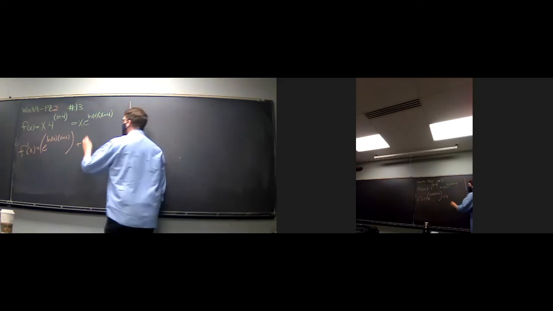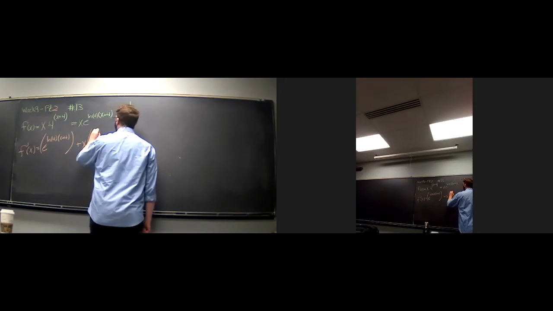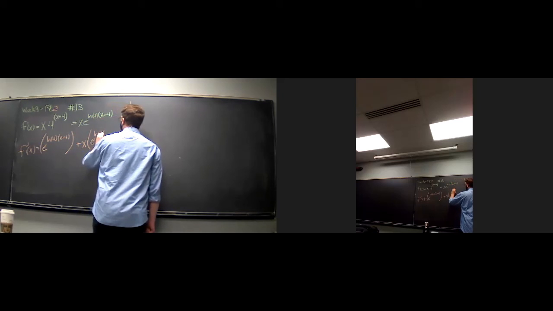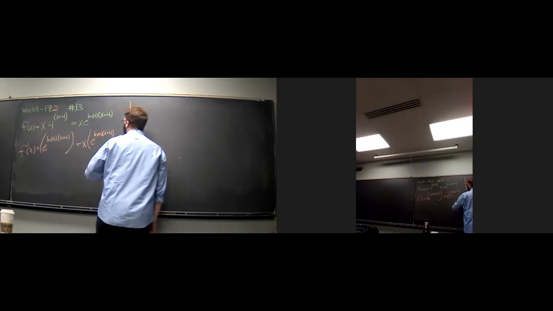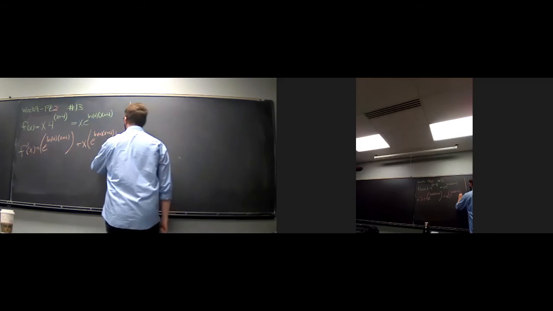Well, this thing is going to come out to be e to the ln of 4 times x plus 4, right? Times the derivative of our exponent. Well, here that's just going to be the ln of 4, isn't it? We'll bring that down, ln of 4.